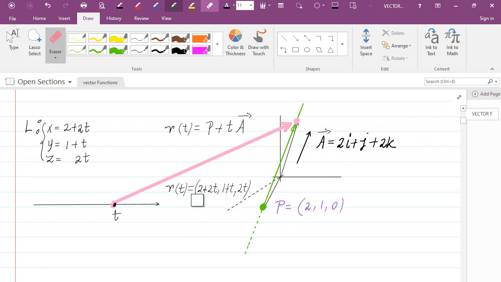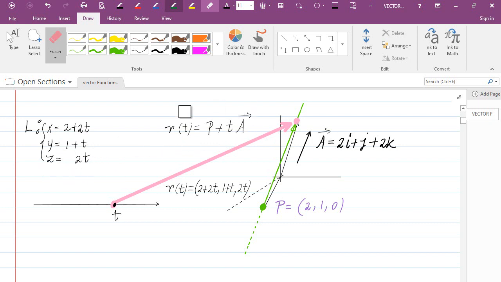In other words, R of t would be a position vector, or you can say it's a point where the x coordinate is 2 plus 2t, the y coordinate of R of t is 1 plus t, and the z coordinate of R of t is 2t.